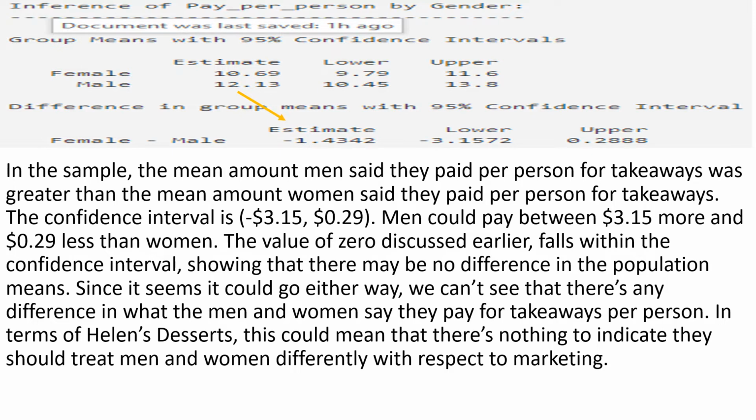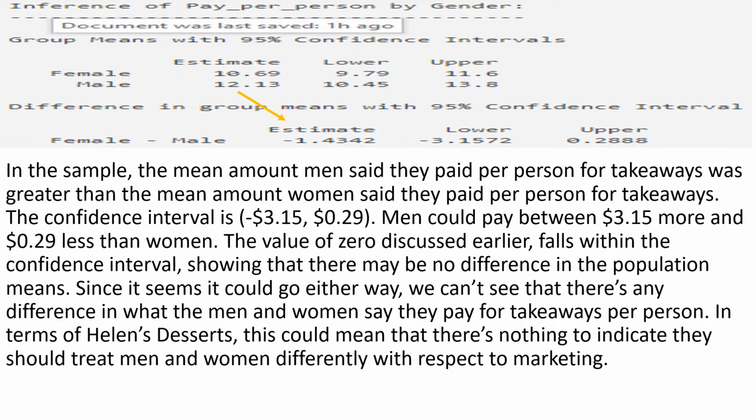Why do I say less? Because remember, if you look at the confidence intervals, you will see it was a minus $3.15. And if you look at what the computer did, because we've put it around male versus female, it was taking the females, which basically have the smaller numbers, minus what the males estimated, which was basically the bigger numbers.